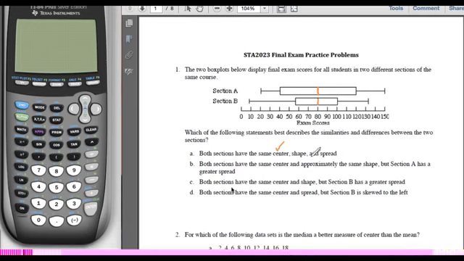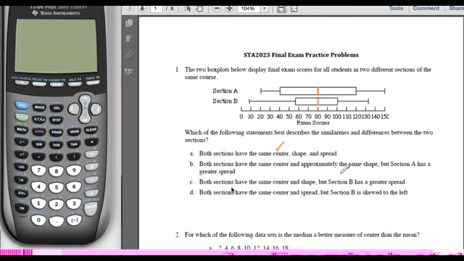A goes on to say they have the same shape. And this is where I have a little bit of an issue with A. I wouldn't say they have the exact same shape. To me, section B looks a little bit skewed left, maybe because its whisker on the left is a little bit longer than its whisker on the right. Section A, both whiskers look to be about the same length. But what really gets me in A is the spread.